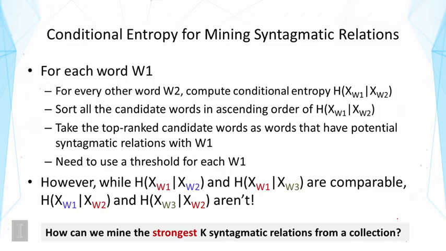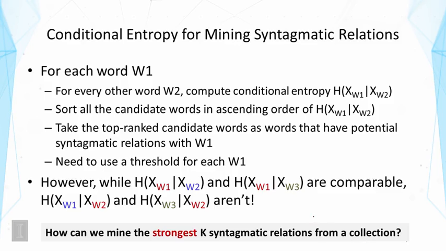But this algorithm does not help us mine the strongest k syntagmatic relations from an entire collection, because in order to do that, we have to ensure that these conditional entropies are comparable across different words. In this case of discovering syntagmatic relations for a target word like W1, we only need to compare the conditional entropies for W1 given different words.